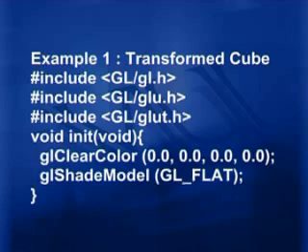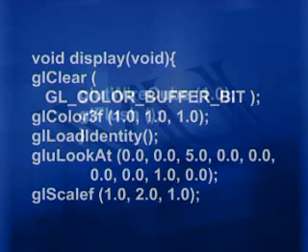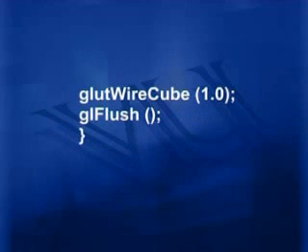We start with glClearColor, all zeros. glShadeModel, GL_FLAT. Void display void, glClear using GL_COLOR_BUFFER_BIT. glColor3f 1, 1, 1. glLoadIdentity, gluLookAt 0, 0, 5, 0, 0, 0, 0, 1, 0. glScalef 1.0, 2.0 and 1.0. glutWireCube 1.0. glFlush.